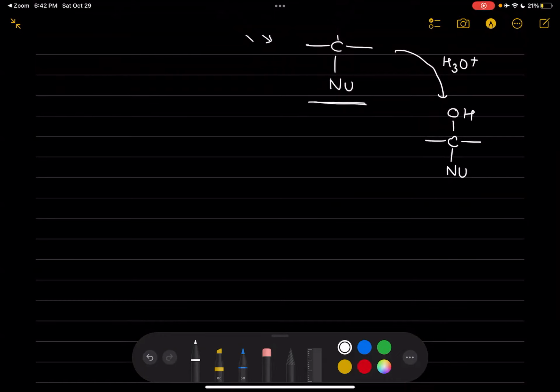Another thing is, what are the examples of these nucleophilic additions? Any example you know from your side, which we discussed in aldehyde, in alcohol preparation? Any idea?